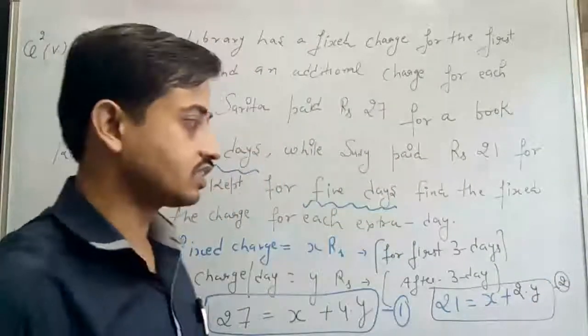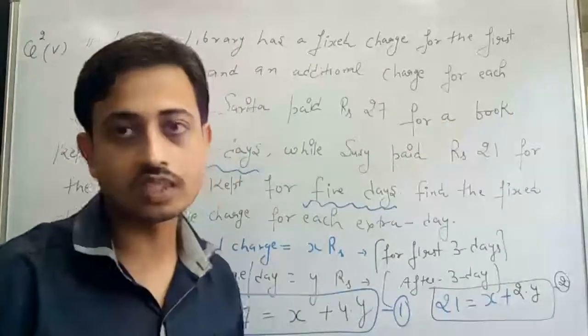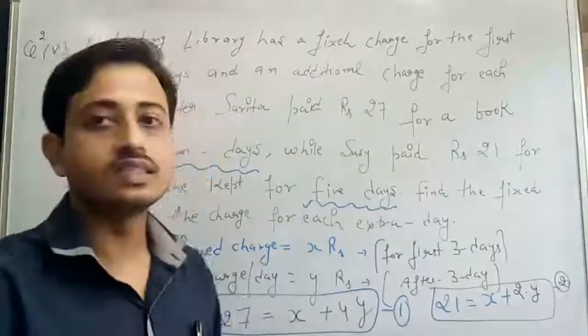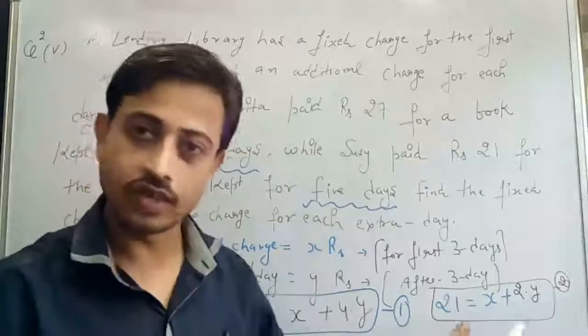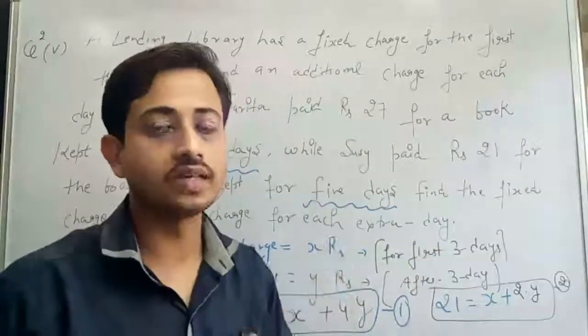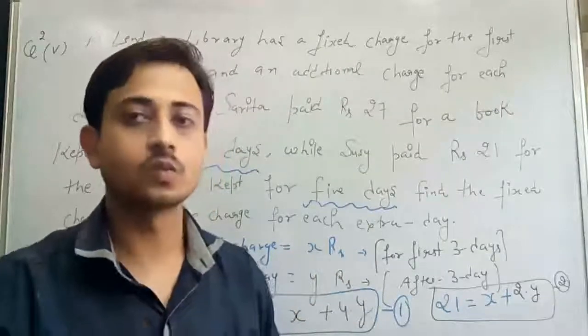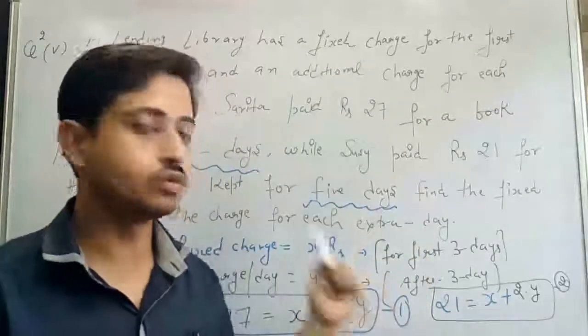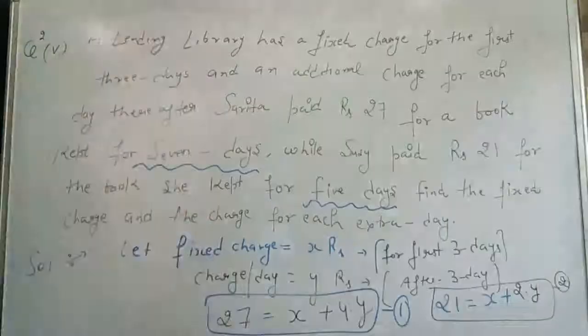This is our first equation and this is our second equation. I hope you got the whole statement. It's very easy if you read the statement and make clear what it asks. So please make a note first, then we have to solve this.